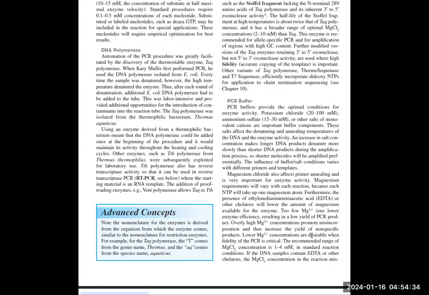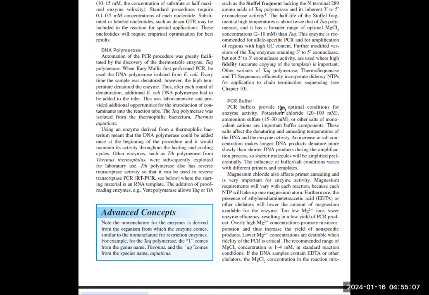So again, if we have an increased salt concentration in our potassium chloride, it slows the denaturation of our DNA product or amplicons. So that's why it's better to have shorter molecules. And then for our magnesium chloride, a decrease in our magnesium ions means there is lower enzymatic efficiency, so we have low yields of our PCR products or amplicons.